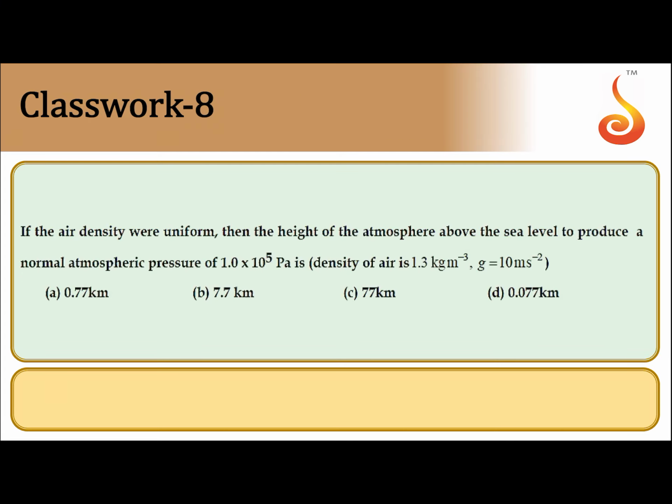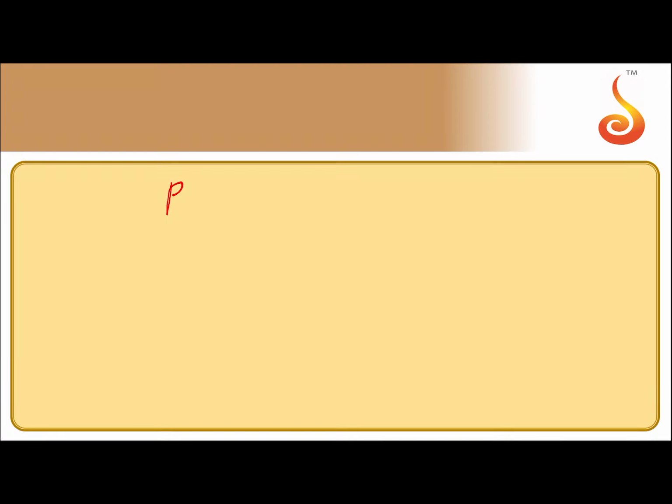Example 8. If the air density were uniform, then the height of the atmosphere above the sea level to produce a normal atmospheric pressure of 1 into 10 to the power of 5 Pascal is? Very simple. It says a pressure of 1 into 10 to the power of 5 Pascal should be produced, and the hydrostatic pressure is given by rho g h.